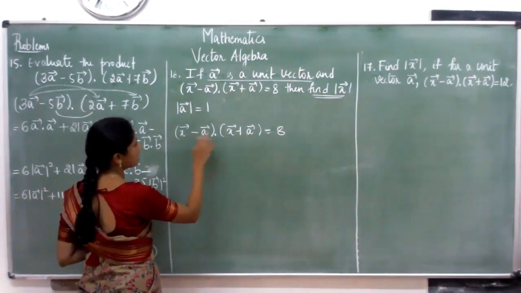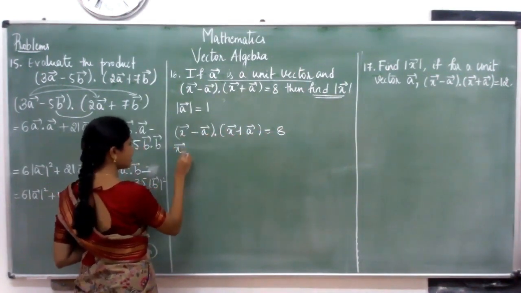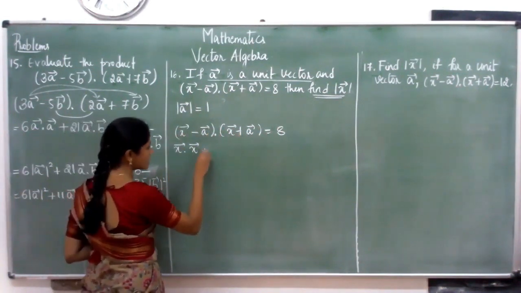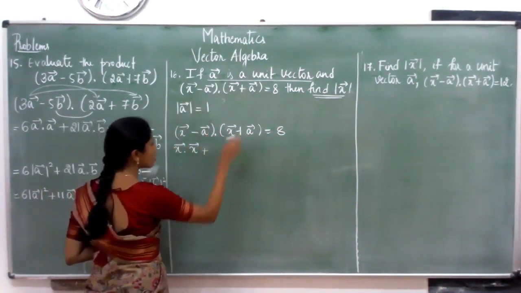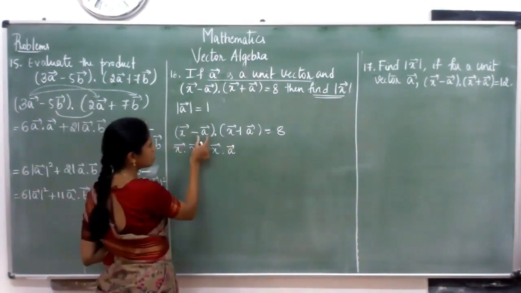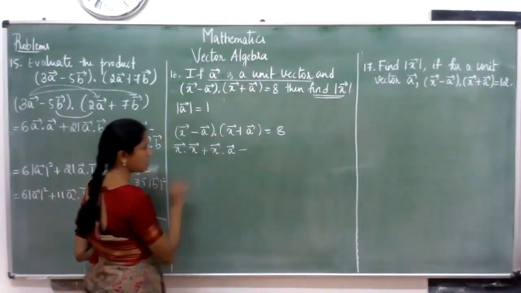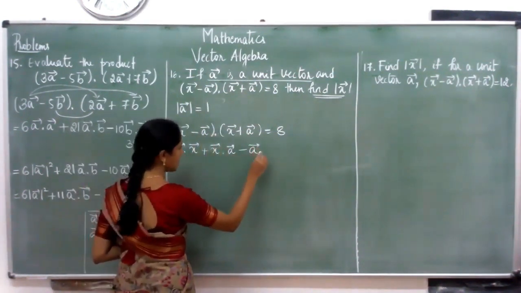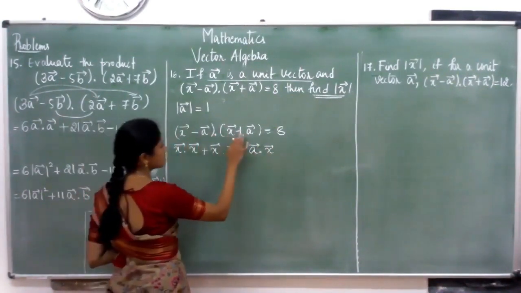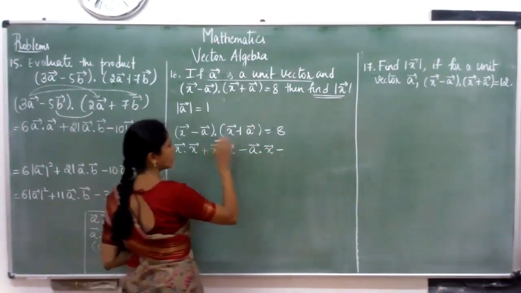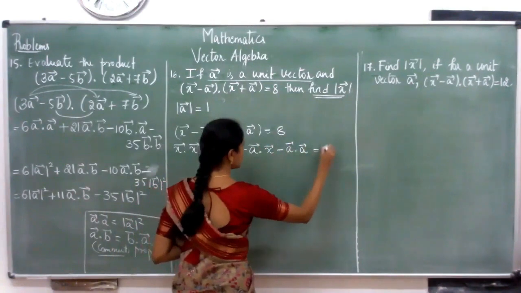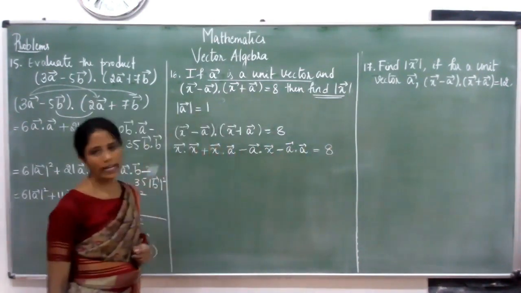So here, vector x dot vector x first, then plus into plus it is plus, then you have vector x dot vector A. Next, this becomes minus into plus, it is minus, then you have vector A dot vector x. Next, minus into plus, it is minus, then you have vector A dot vector A. This is equal to 8.